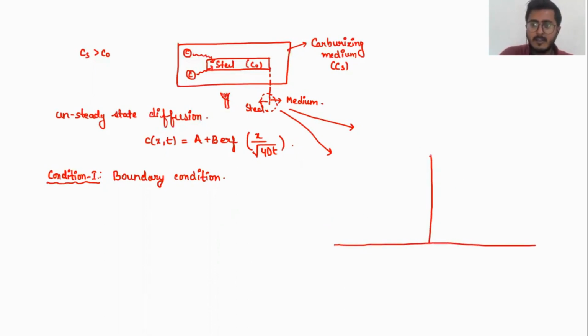Say this is my concentration. We'll see how the concentration varies in case of carburization. This will be my position. Say this is my x equal to 0. That is my boundary.